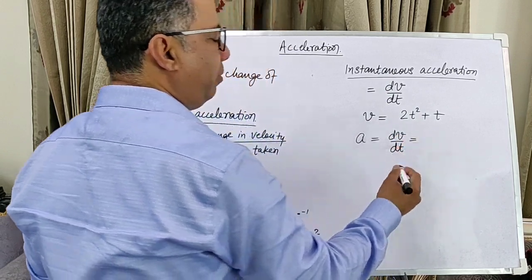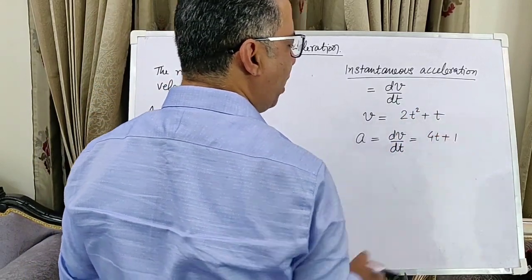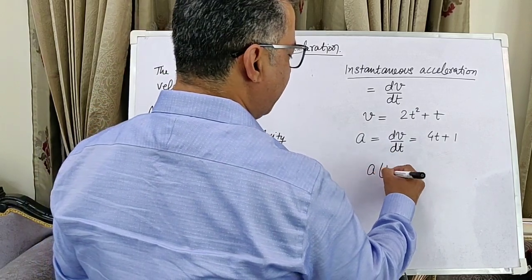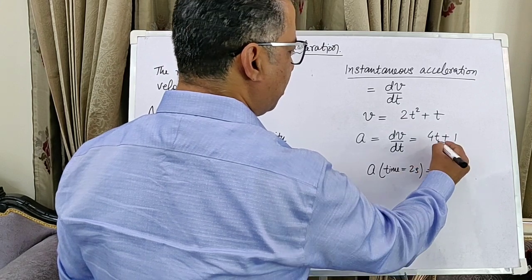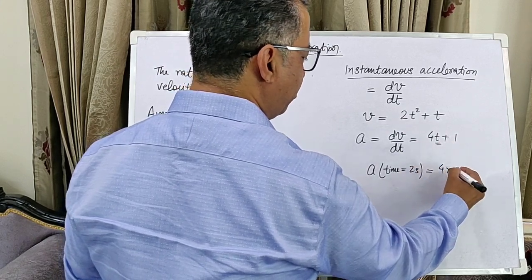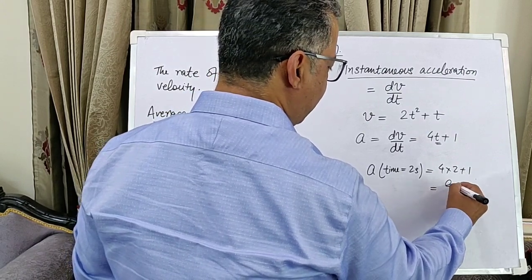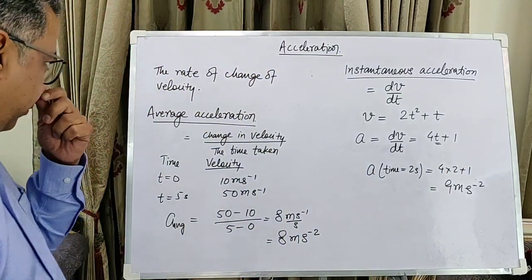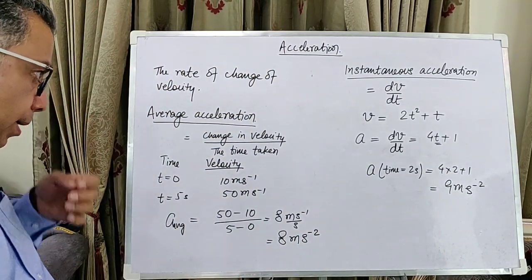So dv by dt here comes out to be 4t plus 1. And so if we are to calculate acceleration at time equal to 2 seconds, we can substitute 2 over here. 4 into 2 plus 1, that's 8 plus 1, 9 meter per second square. And that defines for us the instantaneous acceleration.